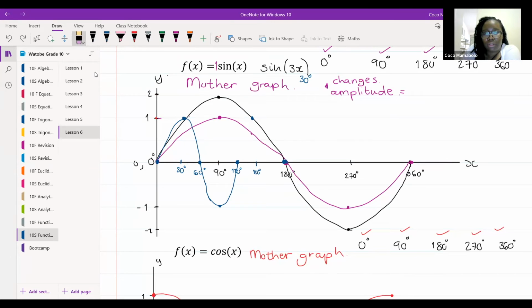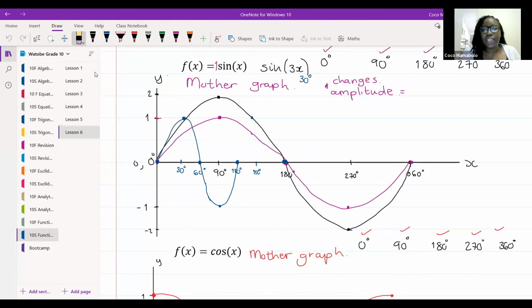Okay. Do we notice that we've finished one full graph in 120? Yes or no? Yes? We've gone from 0, come all the way around, and finished the graph in 120. Yes? Okay.